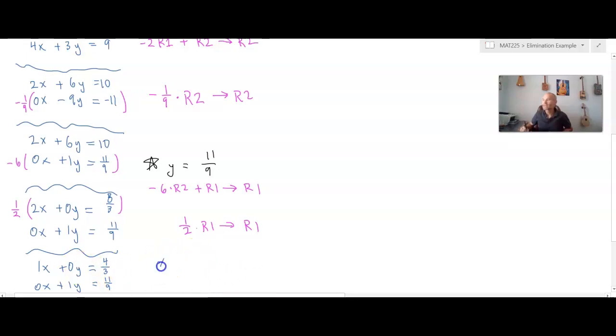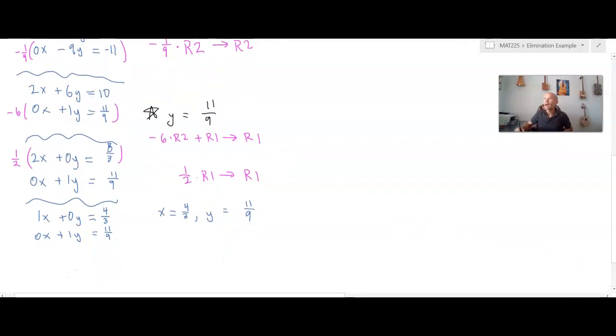So we see that x is equal to 4/3, y is equal to 11/9, and we can report our answer as an ordered pair and also as a vector. So 4/3, 11/9, or in vector form, we could say 4/3, 11/9, like so.